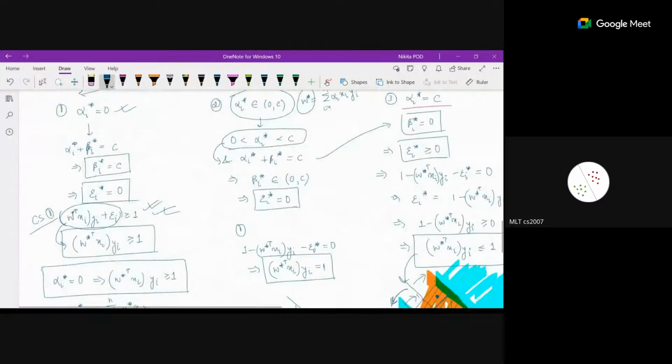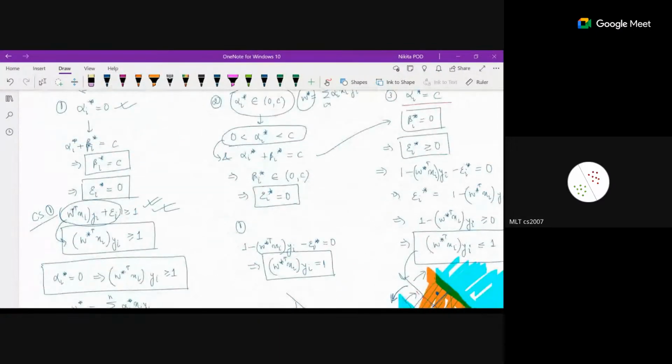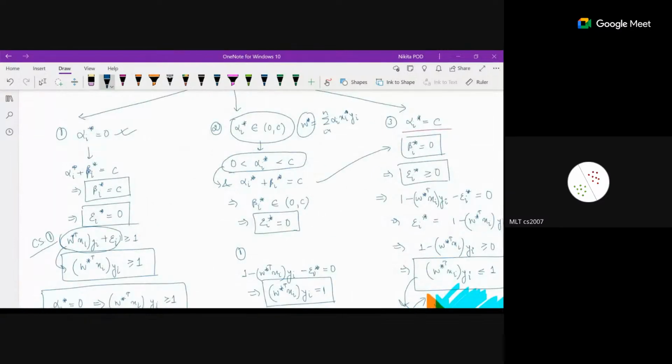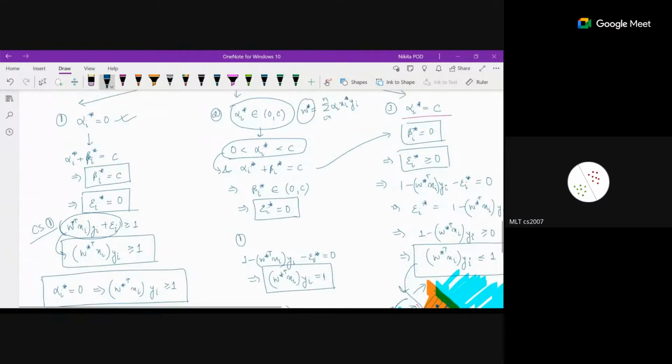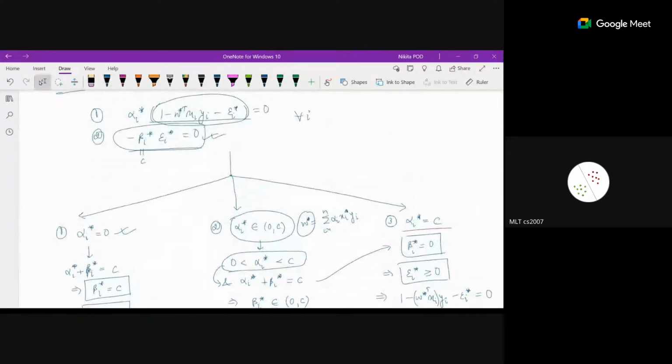So what I said is you have alpha i star equal to 0. From there, we got that my epsilon i star is equal to 0. So if I look at my complementary slackness condition 1, since my alpha i star is equal to 0, then my second term, which is 1 minus W star transpose xi yi minus epsilon i star, has to be greater than or equal to 0, right?